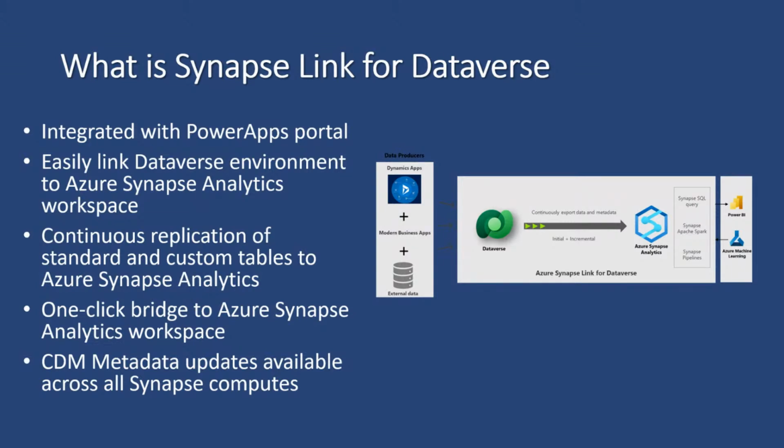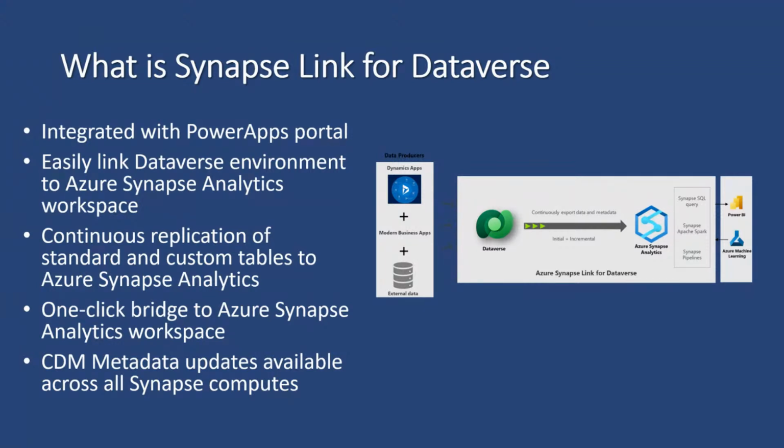Probably backing up from that, why would you bother doing this? Why can't we just report against Dataverse directly? Well, you can, but when you report against Dataverse directly, you're going through a lot of layers of security, a lot of layers of metadata, a lot of things happening in the middle.